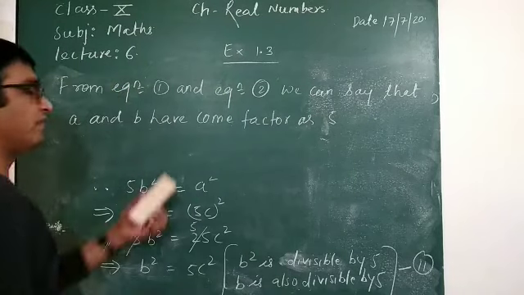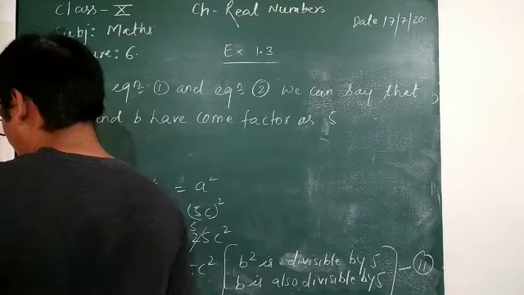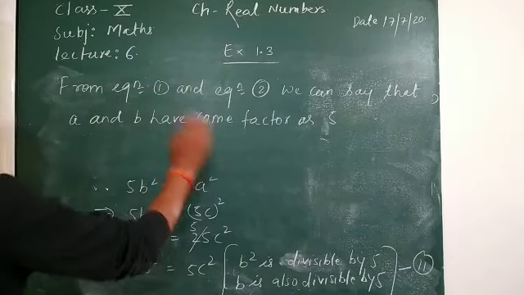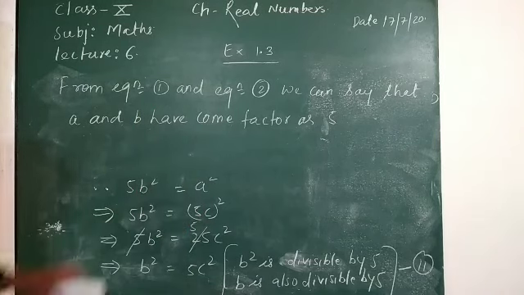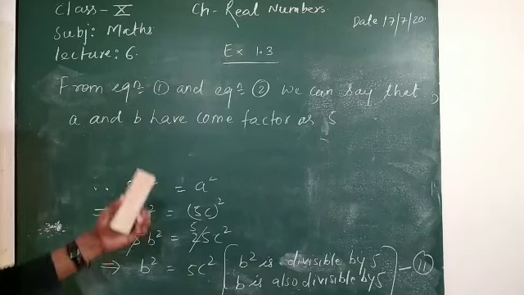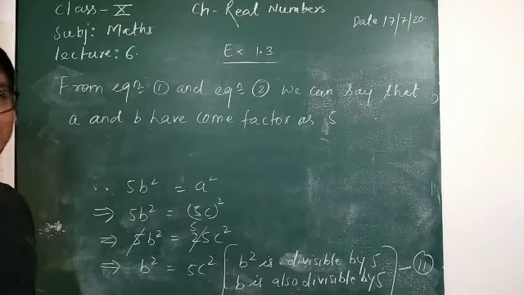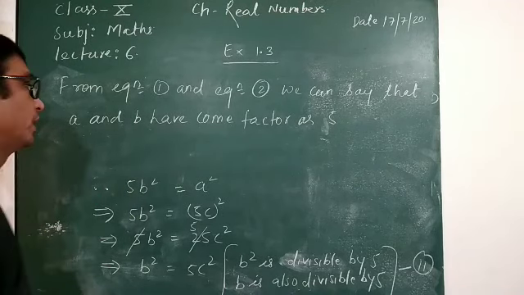We are getting this common factor 5 because of our contradiction, because we have assumed the contrary, that root 5 is a rational number.